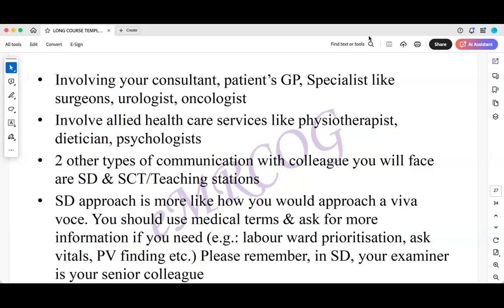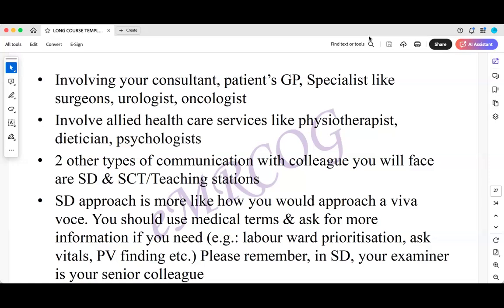Your communication with a consultant, or mentioning the importance of referring a case to a consultant or taking a second opinion from a consultant. Referral to the people, for example, you have a case of sepsis and you didn't mention the microbiologist. Is that good? No, you will lose a point. So you are speaking about the management of the sepsis and the sepsis bundle, and you are explaining everything nicely with the drug doses and the fluid, everything.